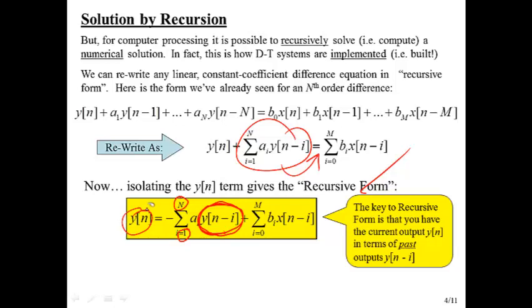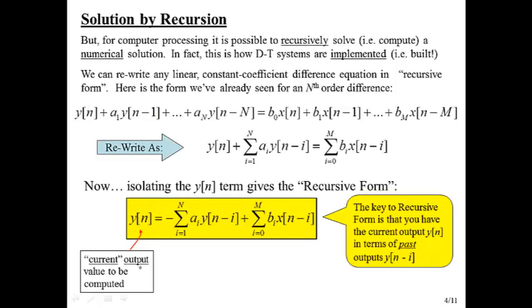So if we have like y of 5 here, we're going to have 4, 3, 2, 1, all values that have happened in the past. That's absolutely crucial to being able to do this. But if you always leave this being the most advanced term in your difference equation, you'll be fine.